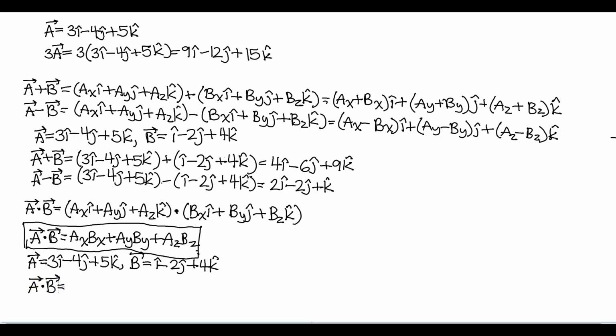It's easy to remember because it's the product of the x components plus the product of the y components plus the product of the z components of each vector. So there's no mixing up.